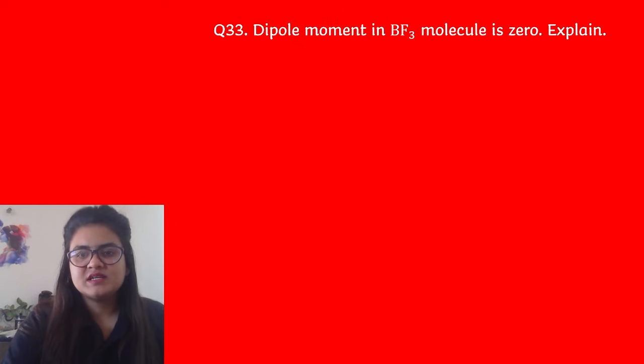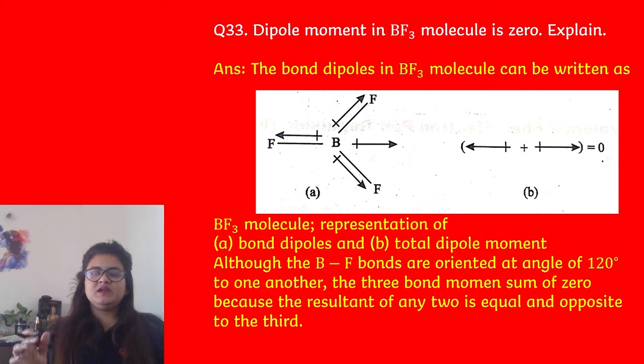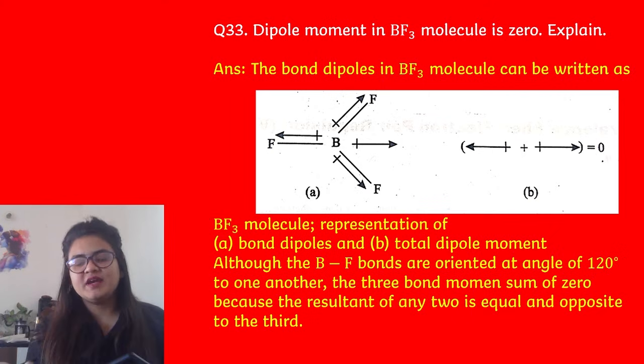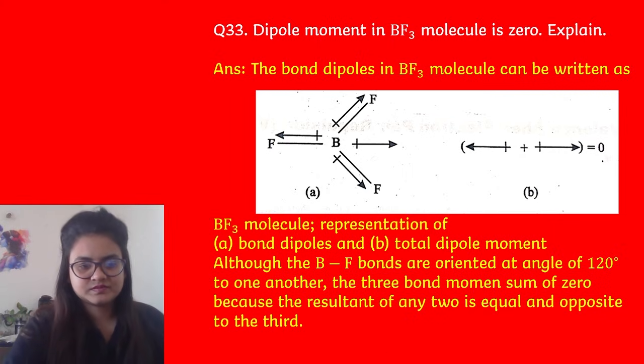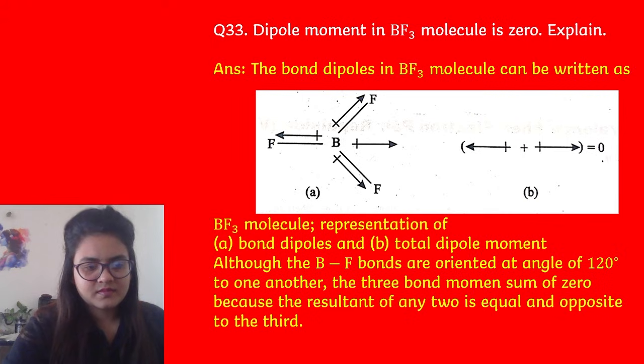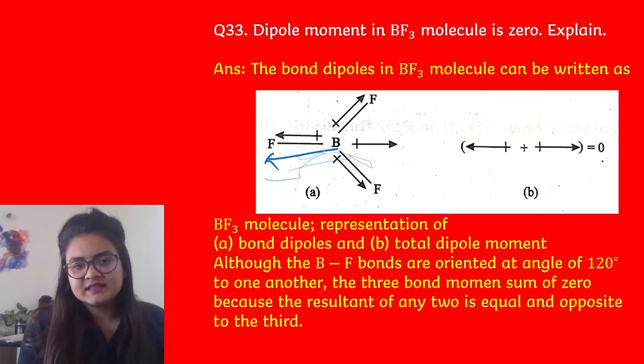Let's proceed. The dipole moment of BF3 is 0. The reason is that BF3 has a trigonal planar structure. The dipole moment directions are like this, like this, like this.